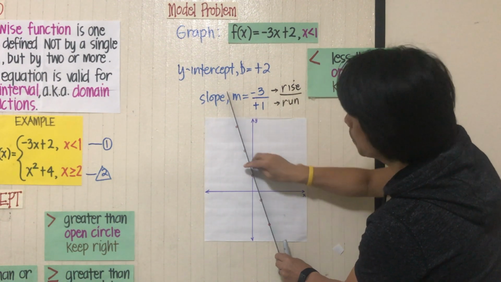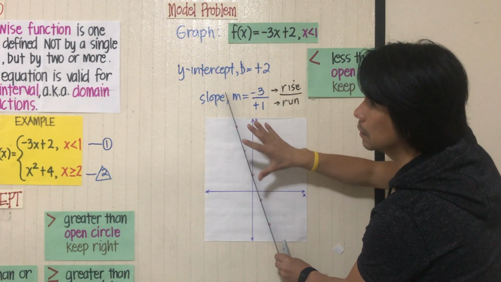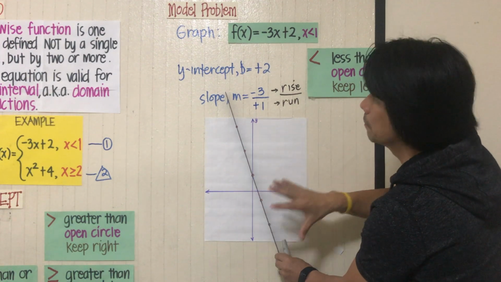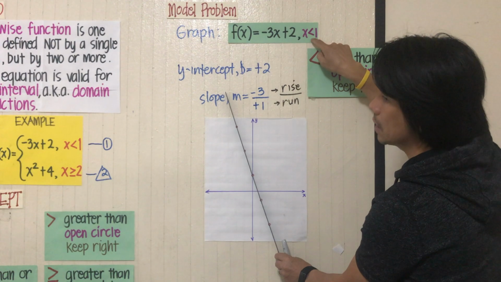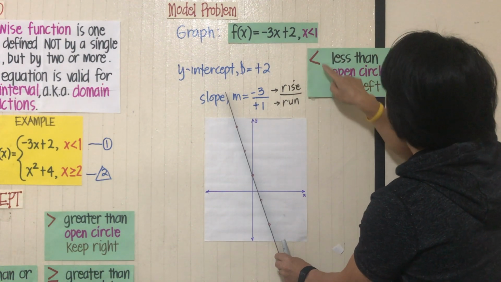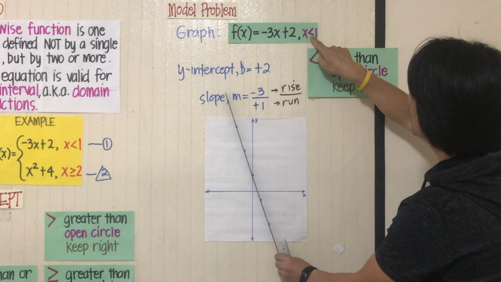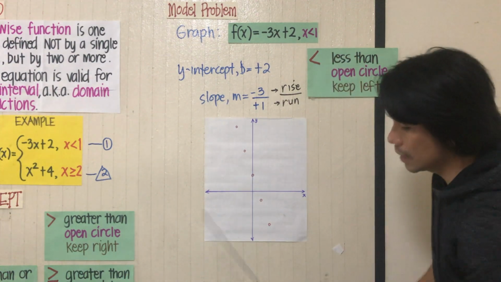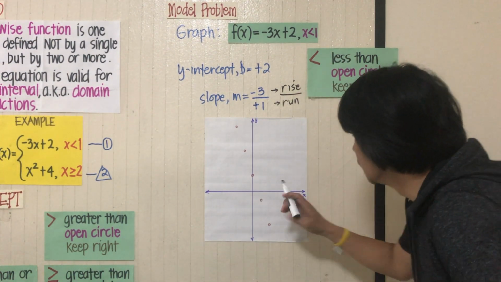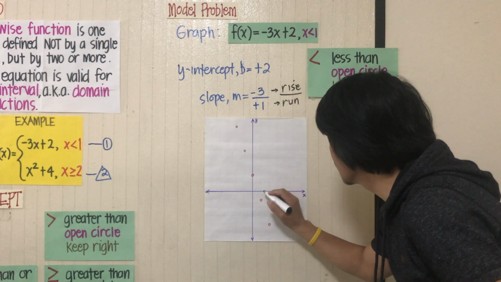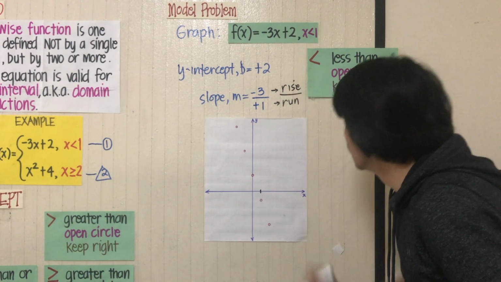But are we going to draw the entire line, or the line graph? No, because of this interval, or the domain restriction. It says x is less than positive 1. Where is that positive 1? Positive 1 on the x-axis is right here.